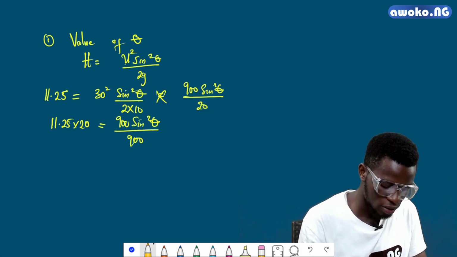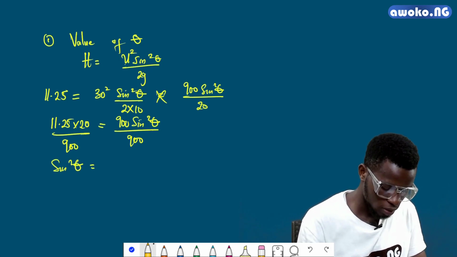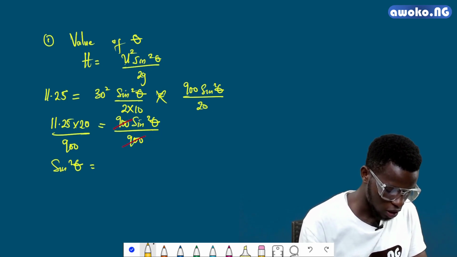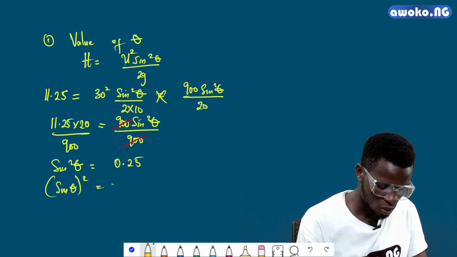So dividing through by 900, I have that sine squared theta is equal to 0.25. Sine squared theta is the same thing as saying sine theta squared equals 0.25.